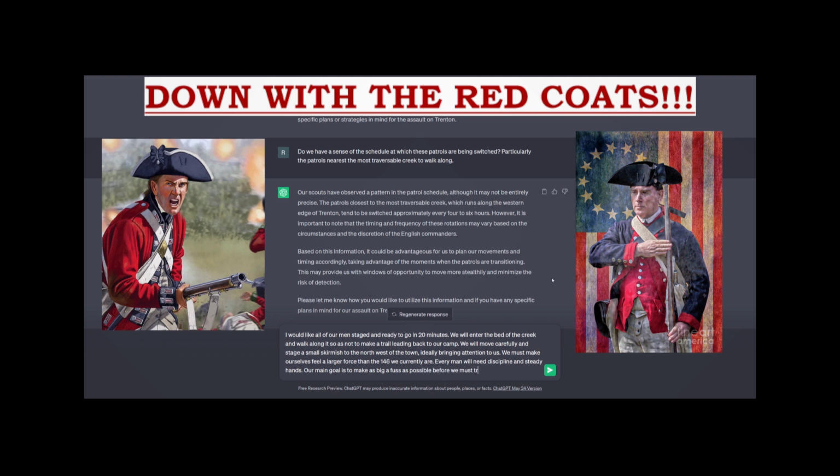This way, it increases the likelihood that the English forces view us as the main and failed attacking force on the town.